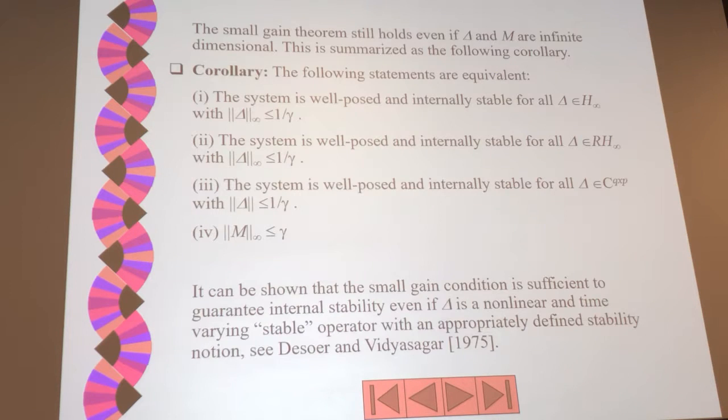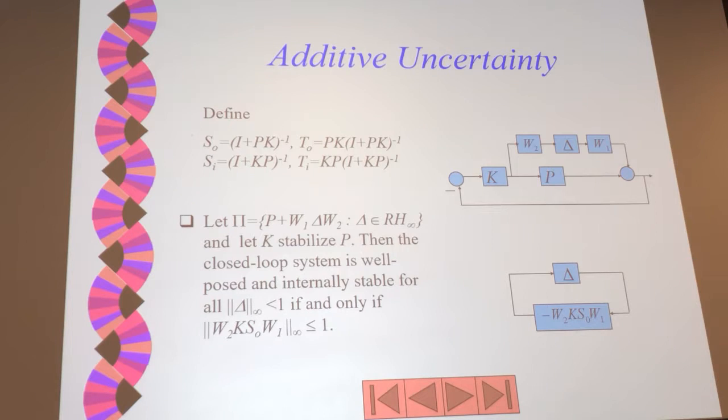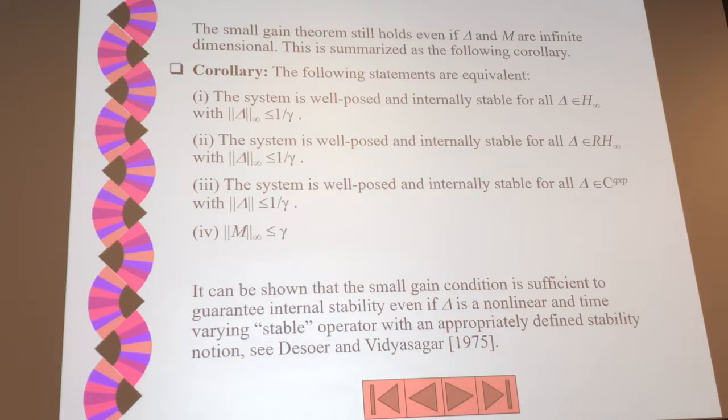So for example, the system is well posed or internally stable for all delta in H infinity with maximum value of this being gamma. The system is well posed, internally stable for all delta in RH infinity, and this is also less than 1. So these are all valid, these are all equivalent.